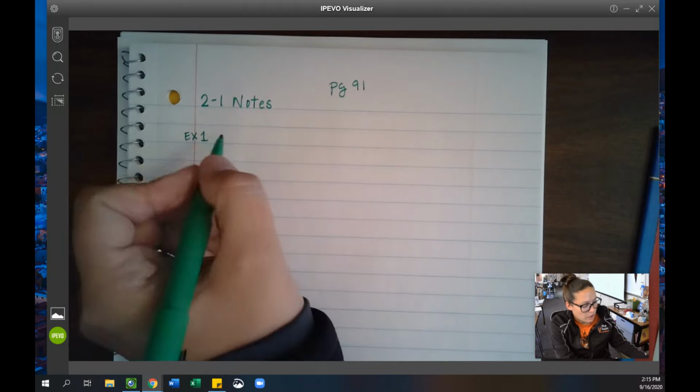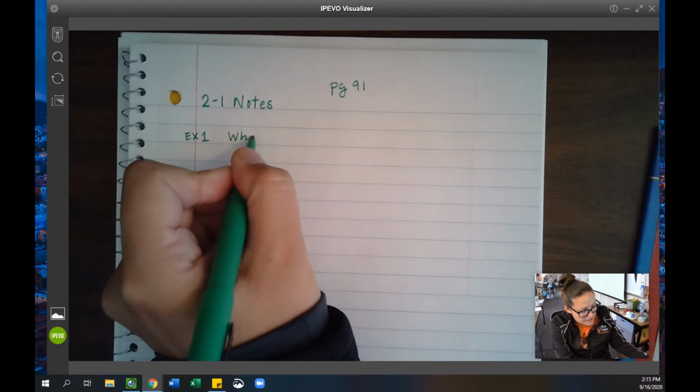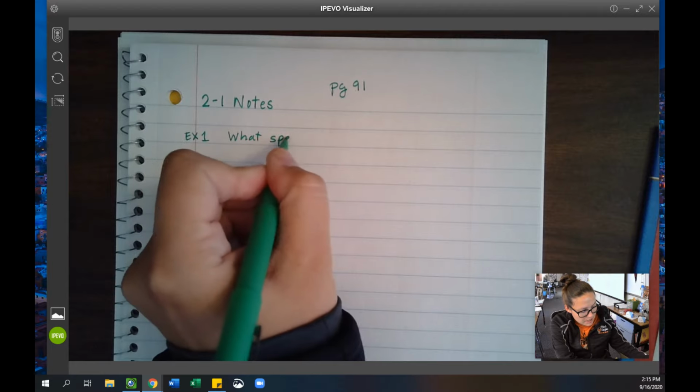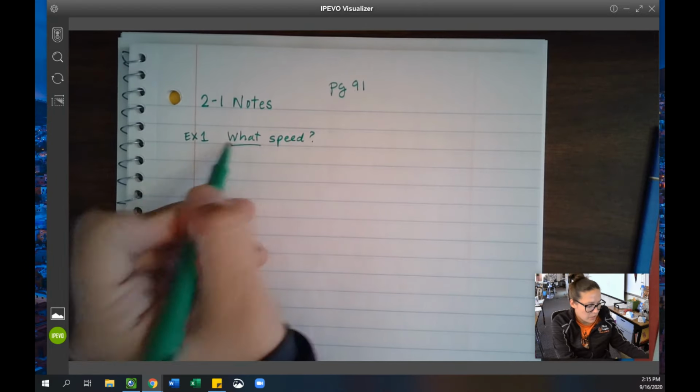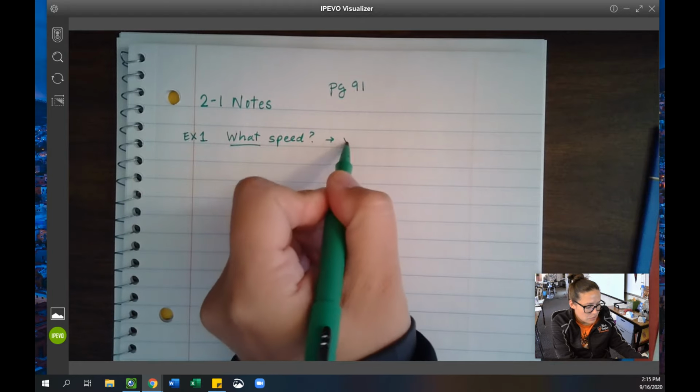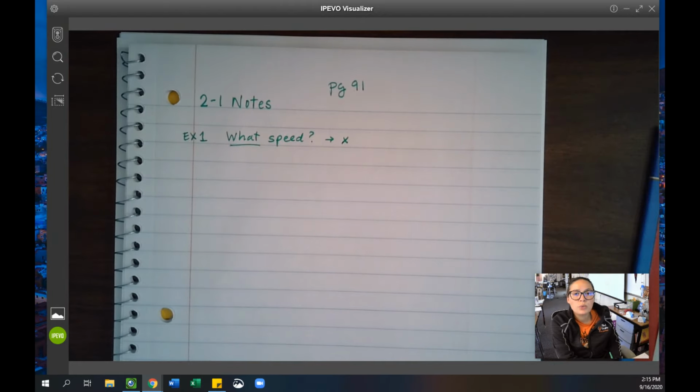So, what I want you to notice is that it asks what speed. Whatever it is that we have to figure out, that's what our X is. That's what we don't know. So how fast are they going to have to go in order to tie the record? All right, so what do we know?